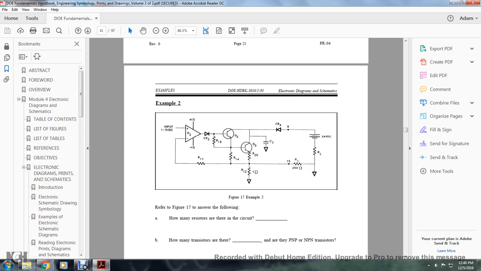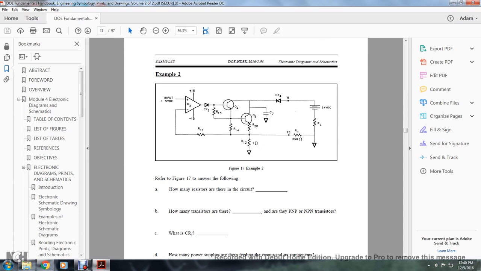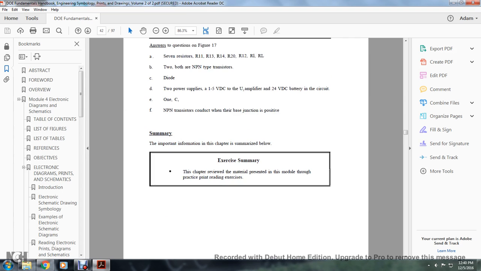Resistor 1, 250 ohms through the resistor RL, and a 24 volt battery. And this isn't a diode, but what is it? It's one of them without a color filled in.